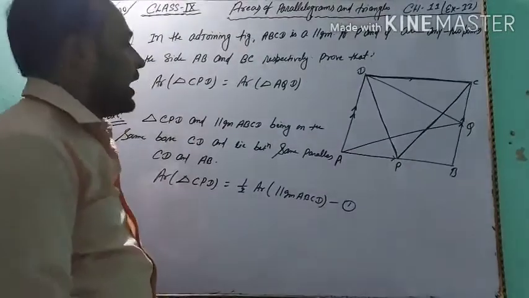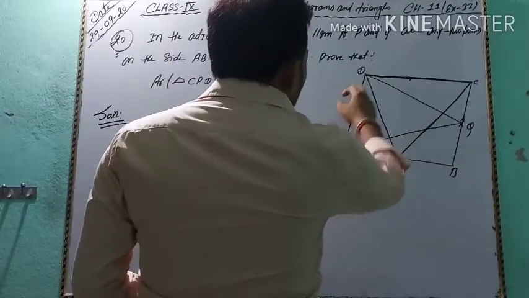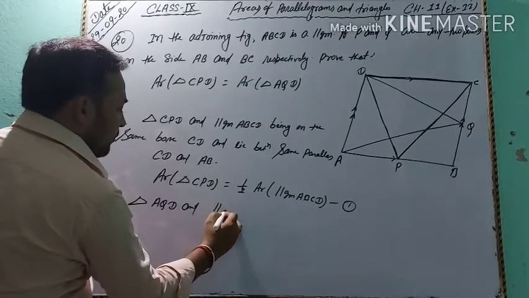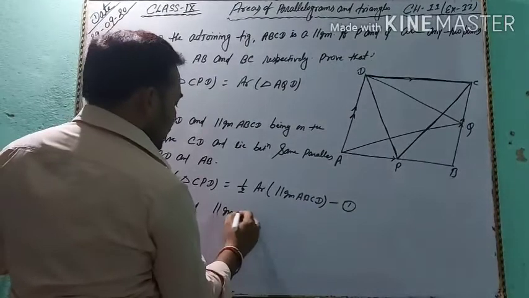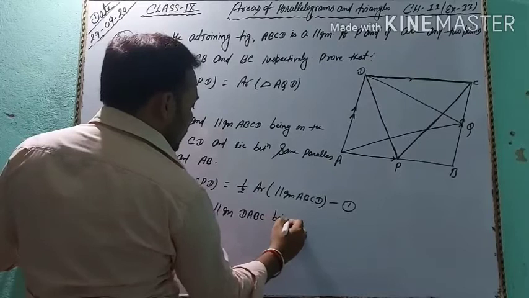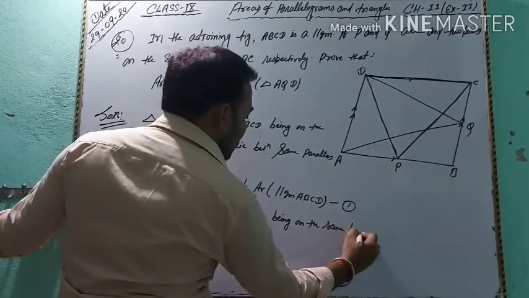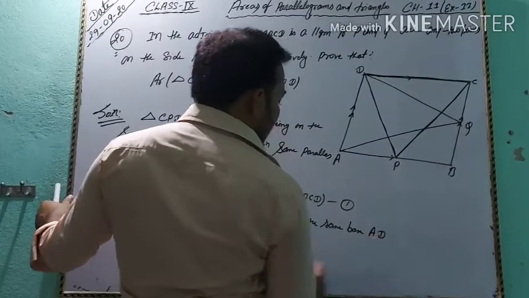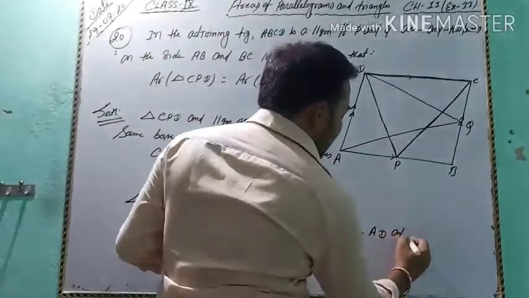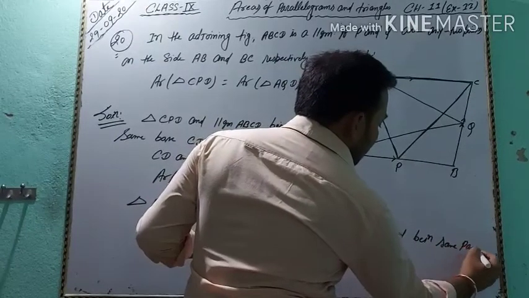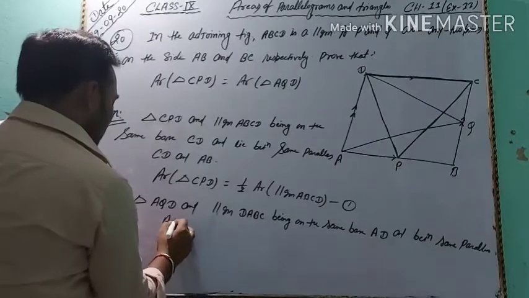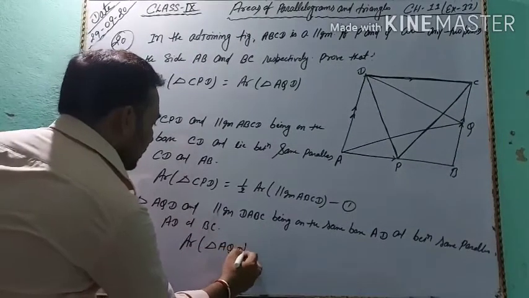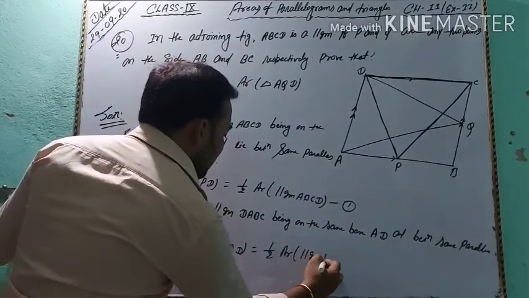Okay, and now students, triangle AQD and parallelogram ABCD, being on the same base AD, AQD and DABC lie on the same base AD and between the same parallels AD and BC, then we say that area of triangle AQD is equal to half area of parallelogram ABCD.